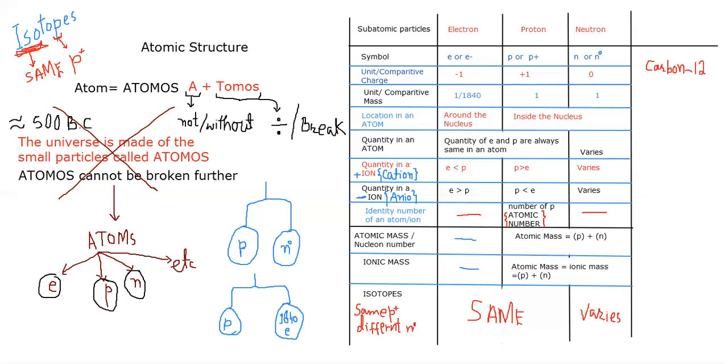So how can I draw the structure like this? Let's suppose this is the structure of carbon, and again I'm drawing one more thing here.